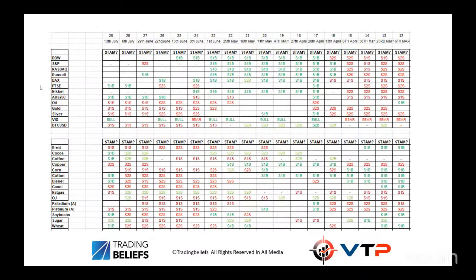This is our own heat map. As I said, if we looked at the indexes, they were all very bearish back in March during the height of the war. Then, as the ceasefire was announced, everybody got a bit giddy and a bit green. Now, over the last couple of weeks, it's filtered its way out, hasn't it?